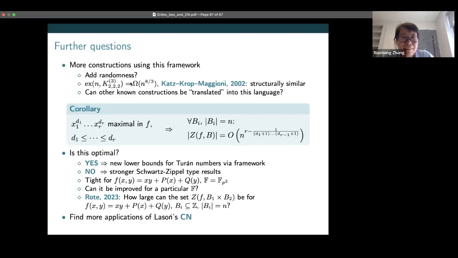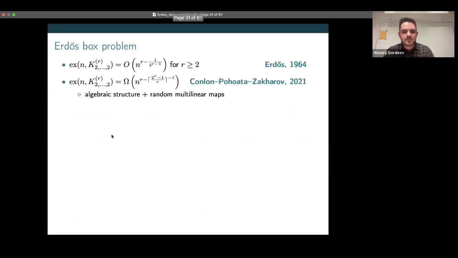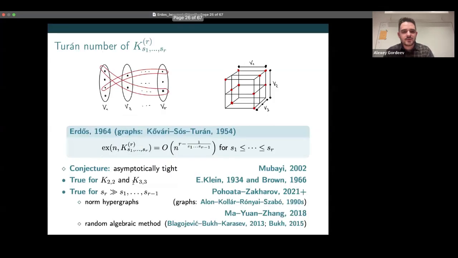So if you try for K33, the polynomial should be something like x1 squared, x2 squared, and the monomial would have something else. I think we should probably try to do it for K33 first, just for graphs, because in this case people actually know the matching lower bound from Brown, which is also a construction using finite fields.